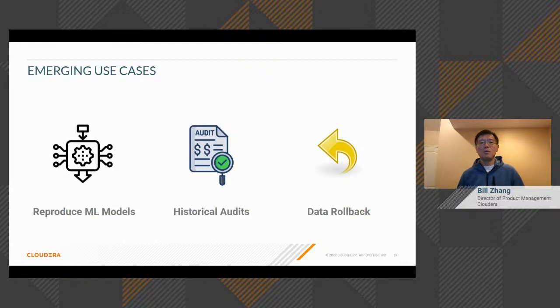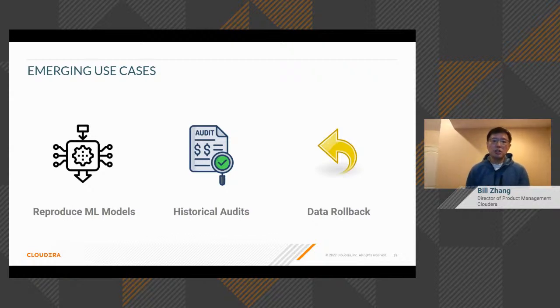Number one is reproducing machine learning models, right? What does that mean? During model training, data scientists very often want to run various experiments with different parameters on a given set of data.